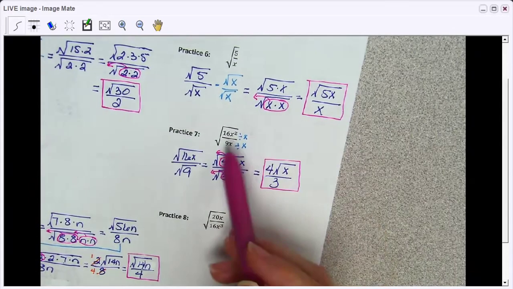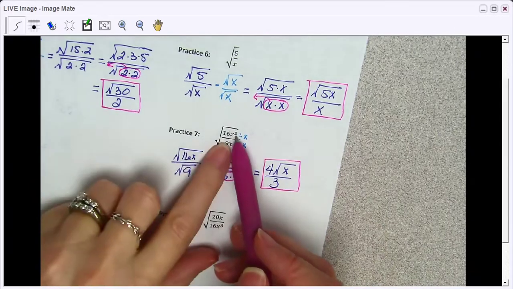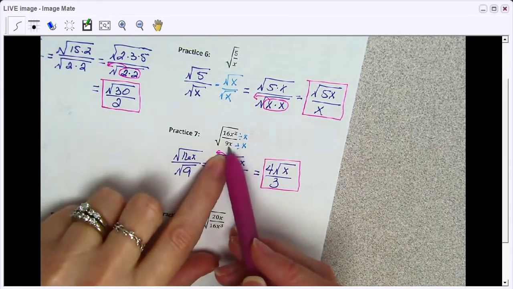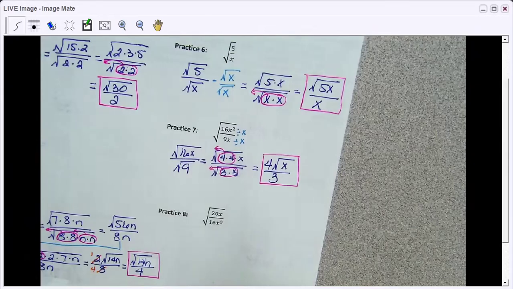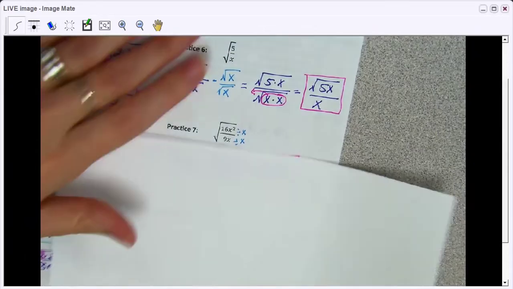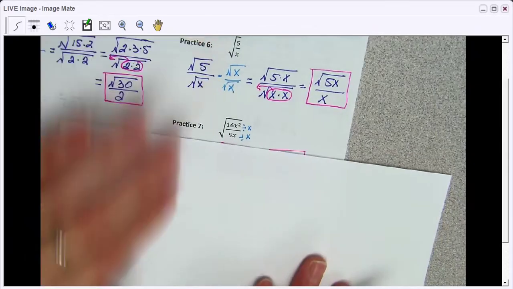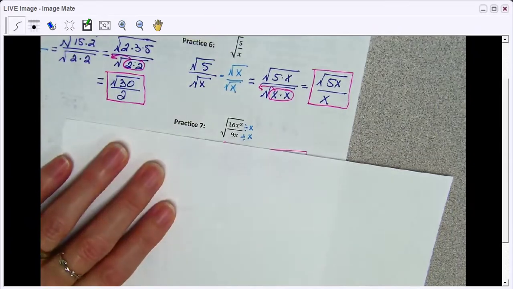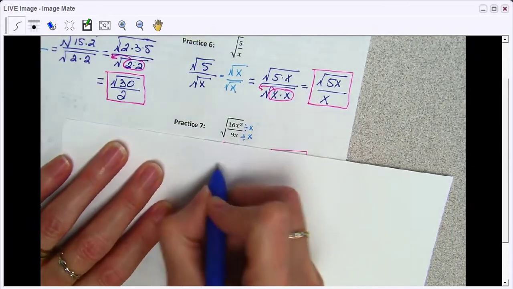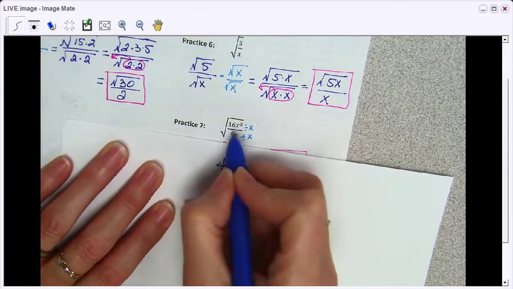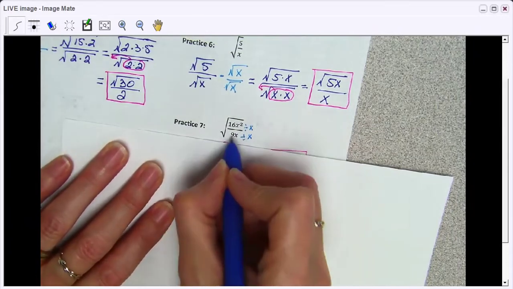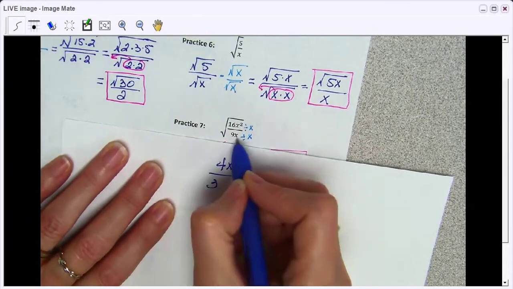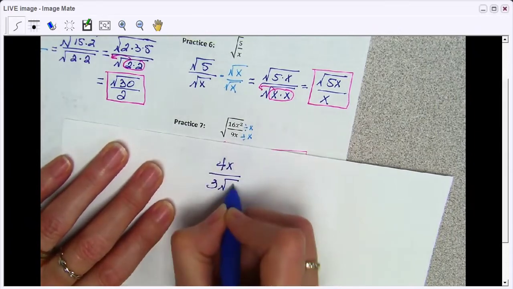Now, some of you may have said, okay, well, why couldn't we have square rooted this at the beginning? And you could square root this at the beginning. It would look like this. So instead of dividing by x first, you would have had 4x, the square root of 16 is 4, the square root of x squared is x, over the square root of 9 is 3, but you can't square root x, so you would have had an x here.